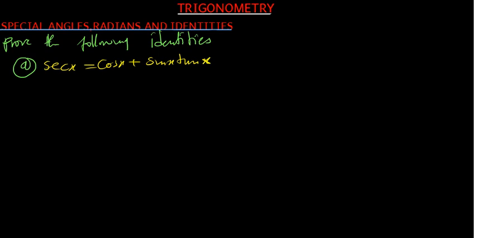Now the aim of identity is you get a part which is looking a bit complicated and work with it. So you see that this is going to be the left hand side, this is going to be the right hand side. So we are going to start with the right hand side, which is looking a bit complicated, and we say it is equal to cos x plus sin x and then tan x.